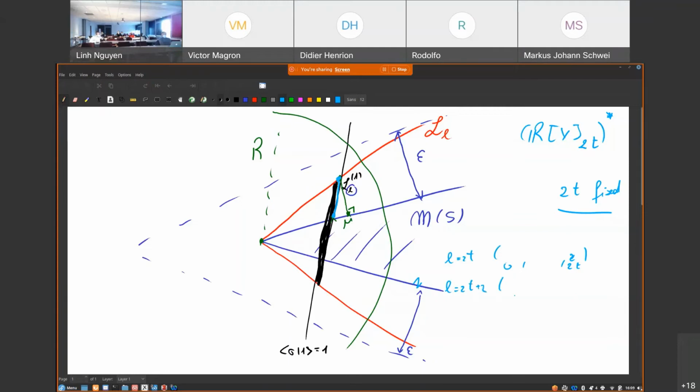Then we start with L equal to t, then L equal to t plus 2. What happens? We have a longer sequence, but this part we cancel. Then L equal to t plus 4, and we cancel again. So we can compare all this. For every t, we can compare the degree t moments. I see.